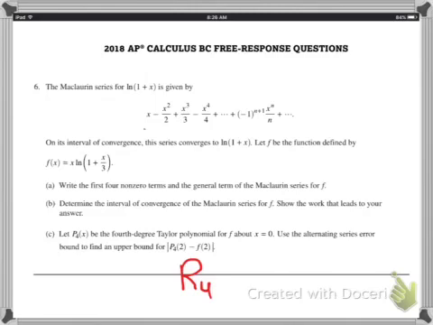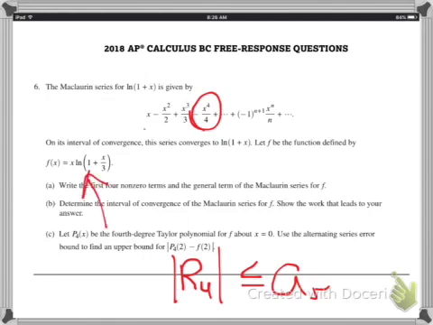And we saw that the magnitude of r sub 4 is going to be less than or equal to the n plus first term, which is going to be a sub 5. So what we need is the 5th term of the series, the one that comes after the 4th term, for the series that we created for f.